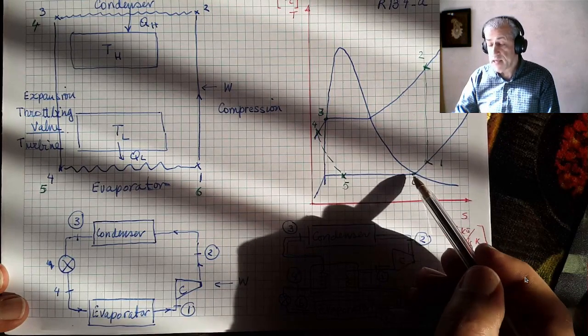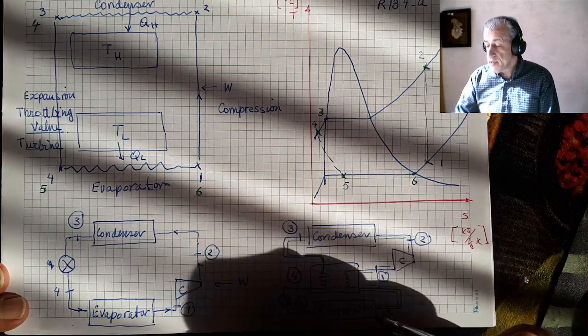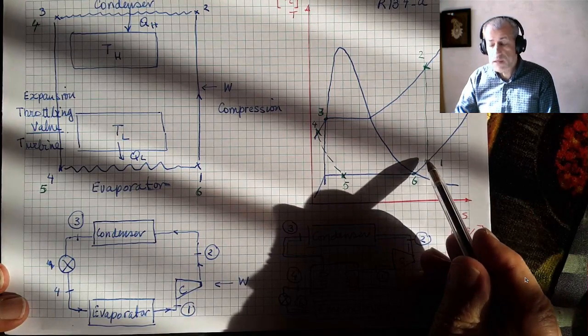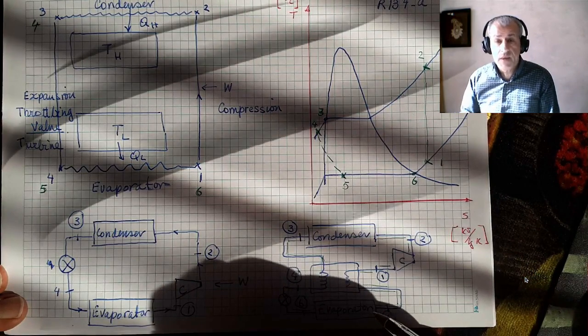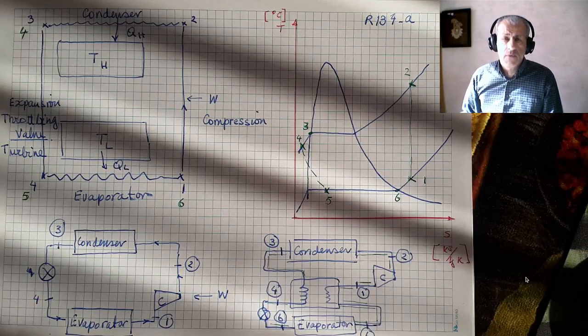It collects the saturated vapor from the evaporator exit, heats it just a few degrees, and then lets it into the compressor inlet. Now let's put some numbers to this refrigeration cycle.